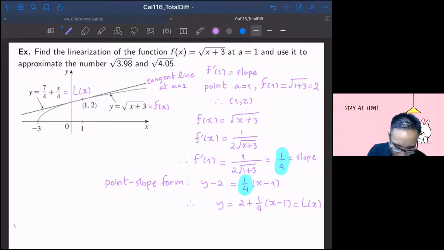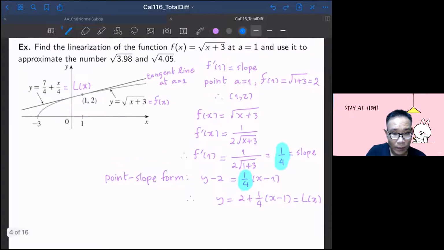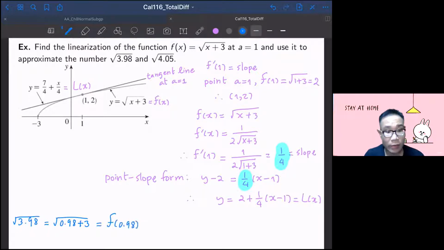So you see that for the square root of 3.98, I'm going to use this space here. You have x equal to 0.98, so this is 0.98 plus 3, and this turns out to be f of 0.98.